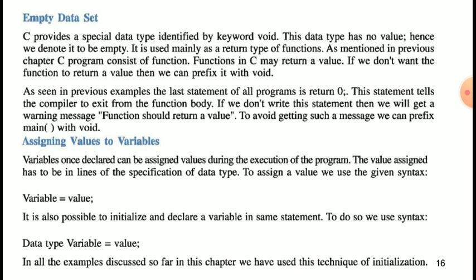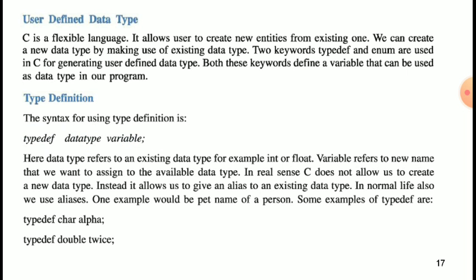Next is assigning value of variables. So user defined data types. Next, user defined data types. C is a flexible language. It allows the user to create a new entity from an existing one.